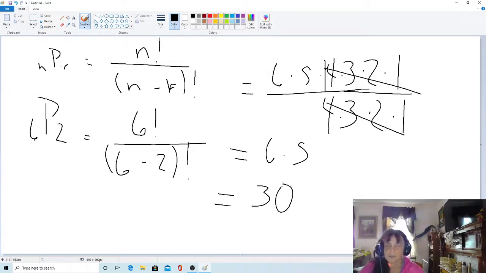So 6P2 is 30. So if you have 6 objects and you want to pick 2 of them, where there's an ordered arrangement, ordered means it's very important which ones you pick first, what order you choose those arrangements in. So there's 30 different ways to pick 2 items from 6 if there is an arrangement of order.